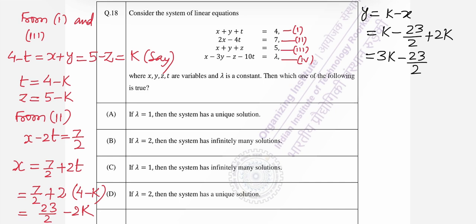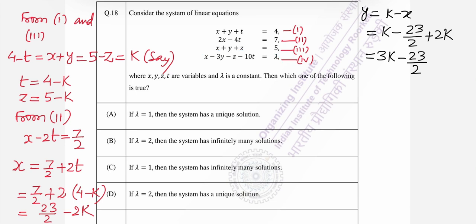Now there is one more relation. I show you that relation. That relation is this one. Okay, so I now work for this relation.